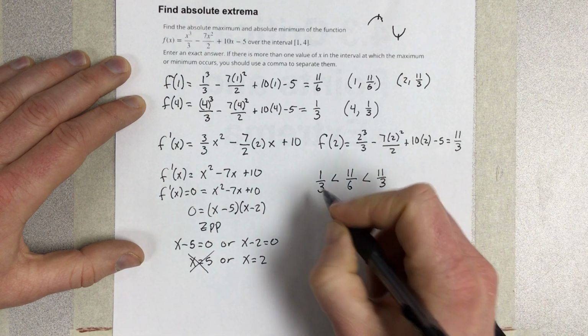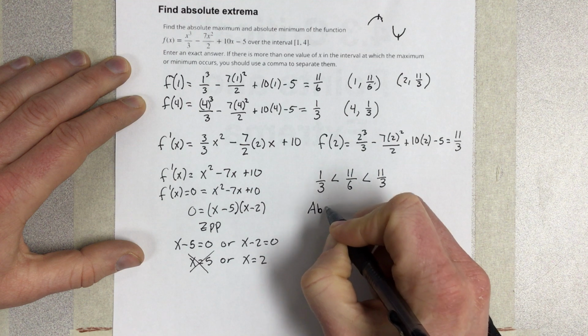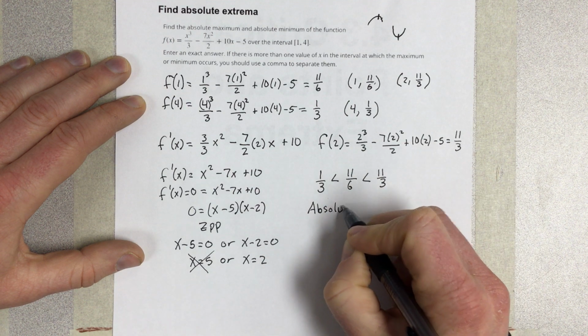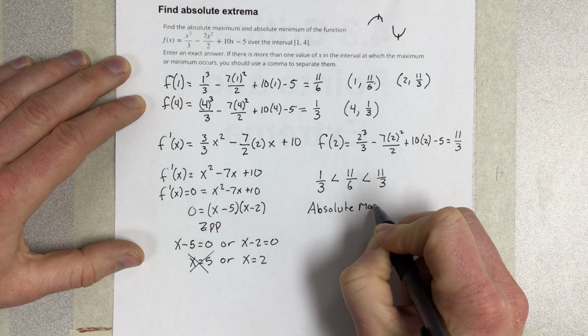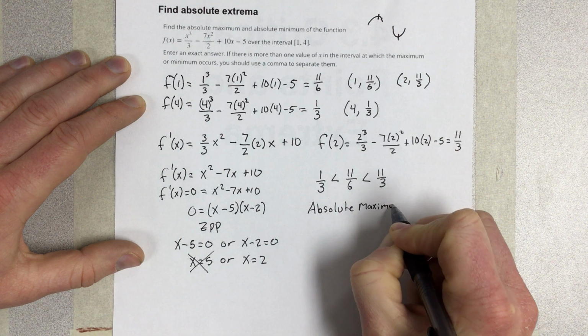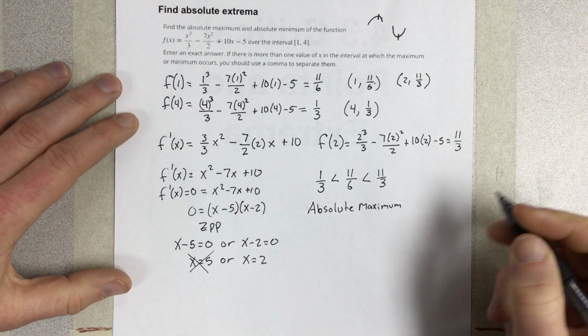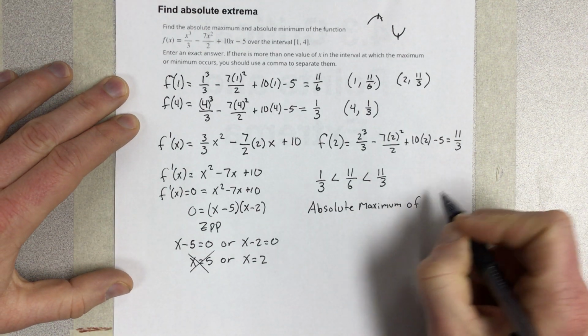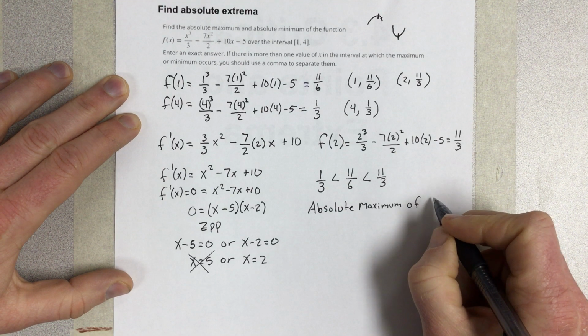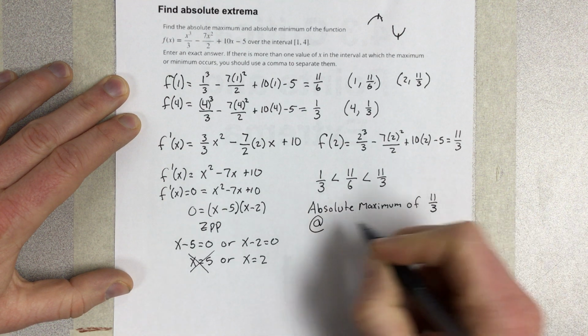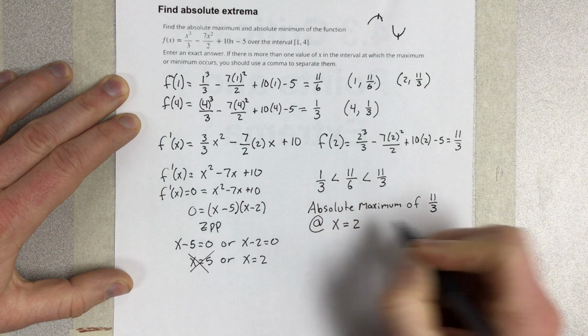So we can say that because this is the maximum here, 11 over 3, we have an absolute maximum of 11 over 3 at x equal 2.